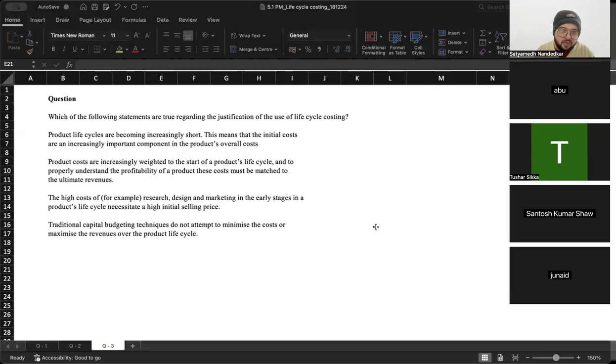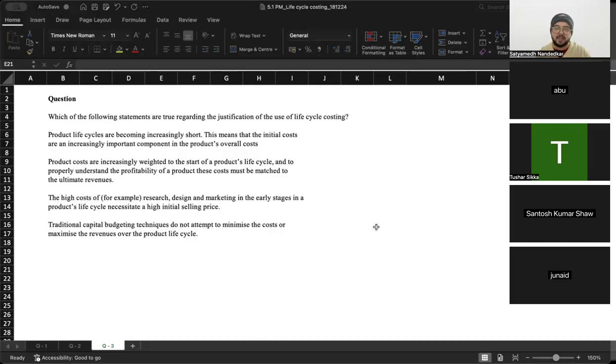The high cost of research, design, and marketing of a product in the early stages in a product's life cycle necessitate a high selling price? No. Yesterday, if you remember, we saw this one question where we had the selling price as 8, the accountant was saying that the cost is 11, but then the life cycle cost became 2.42.